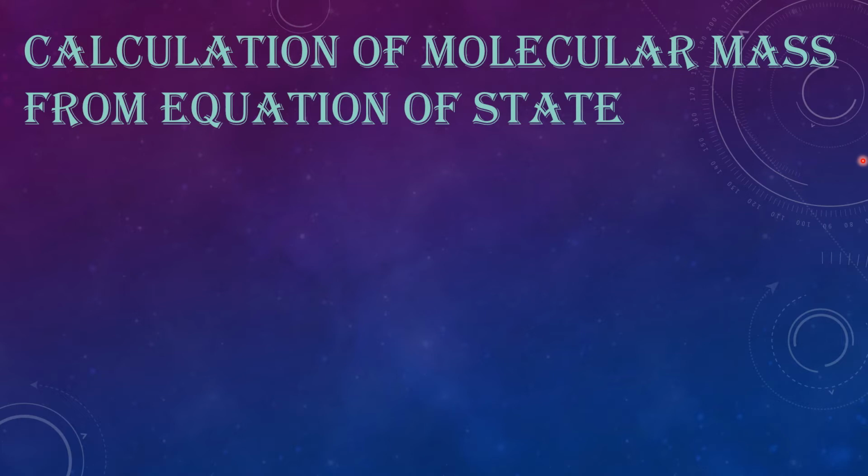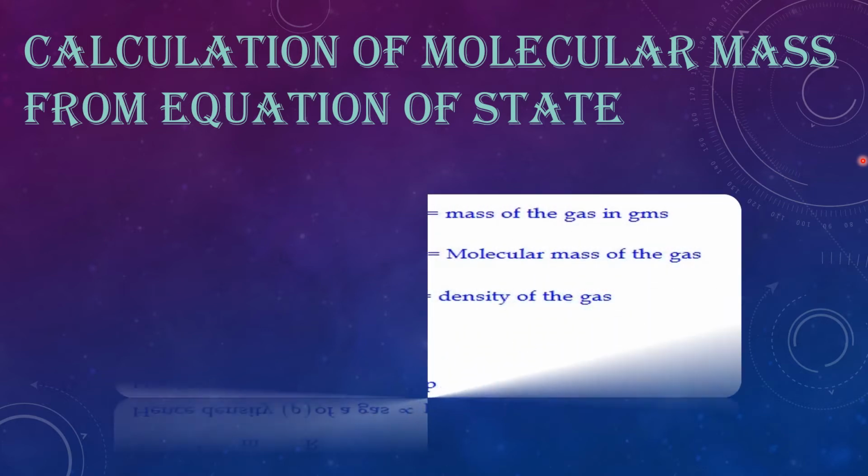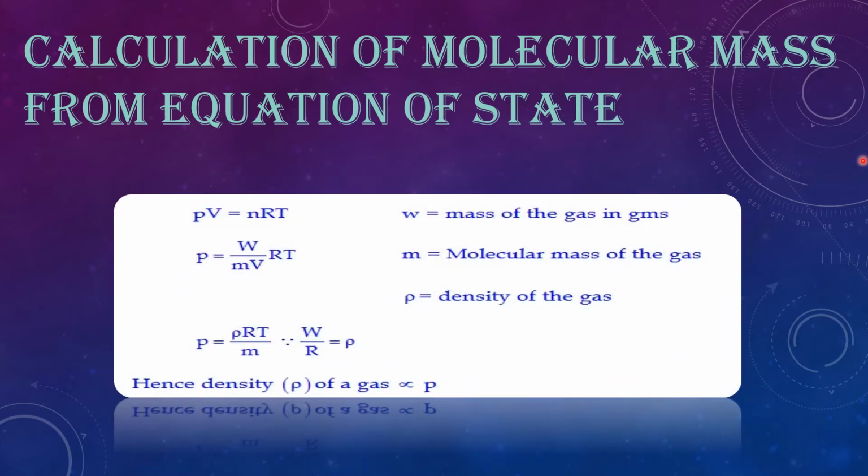The gram molecular mass of the gas is capital M. The number of moles of gas is W by M. Therefore, N is equal to W by capital M. Therefore PV is equal to nRT, or PV is equal to W by M into R into T. So M is equal to WRT by PV. Hence, the gram molecular mass of the gas can be found out from a knowledge of P, V, W, R and T.